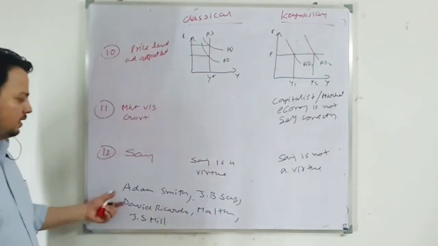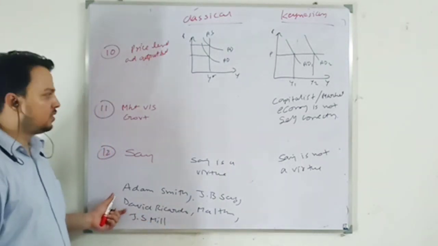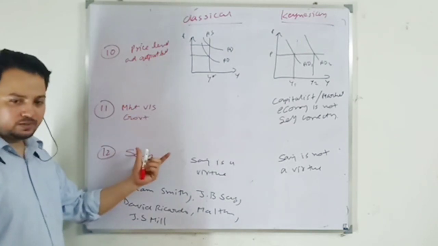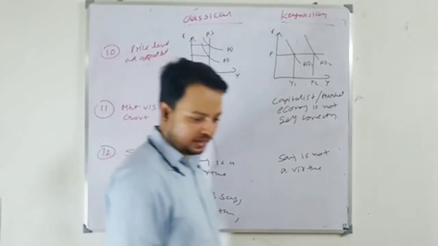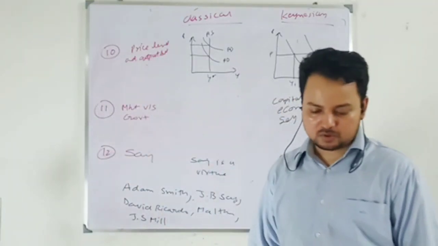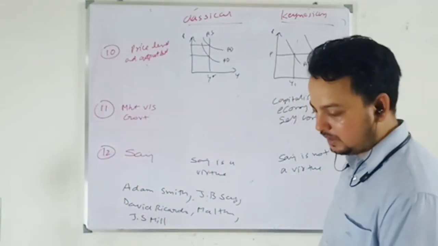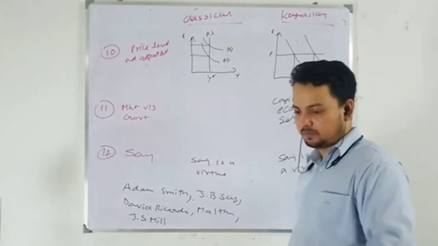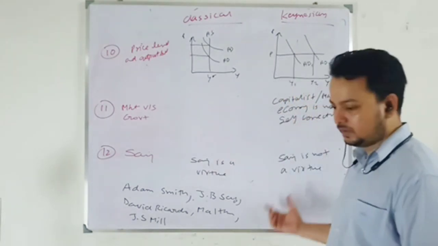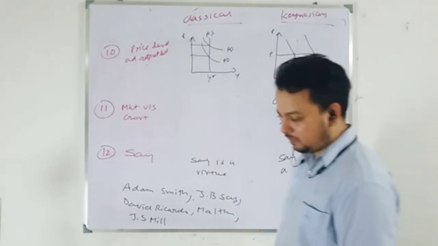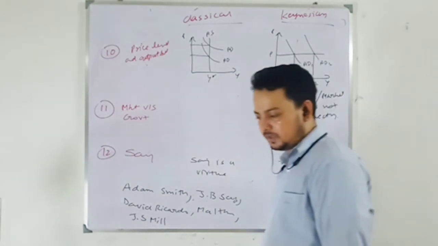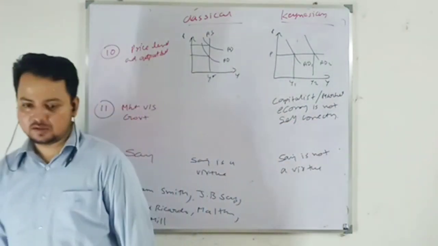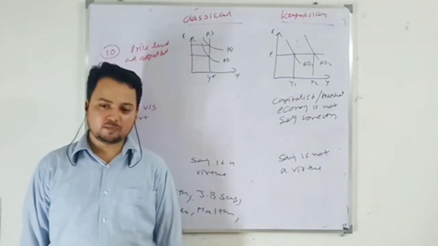All these are classical economists. Based on their writing, we have developed this model that you are studying. Whereas the Keynesian economy, or short-term analysis of the economy, is based on the ideas of Keynes in the book General Theory of Employment, Interest, and Money.